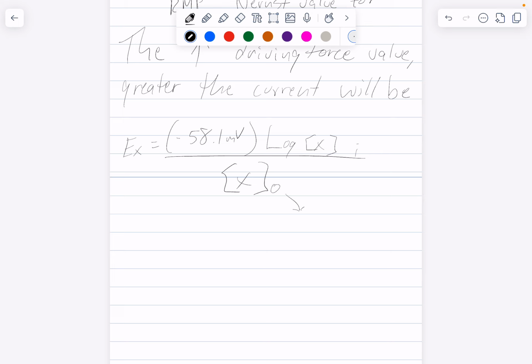So this is out, this is in. Outside the cell, inside the cell. So this predicts the equilibrium potential.